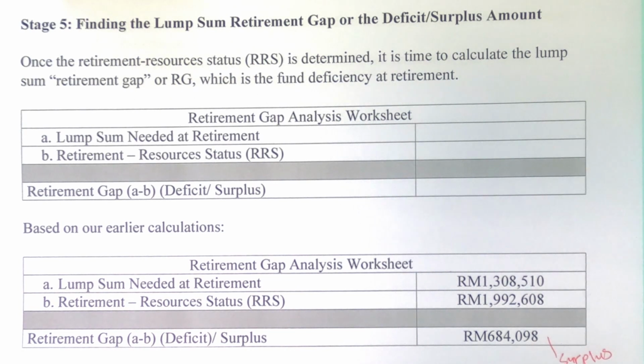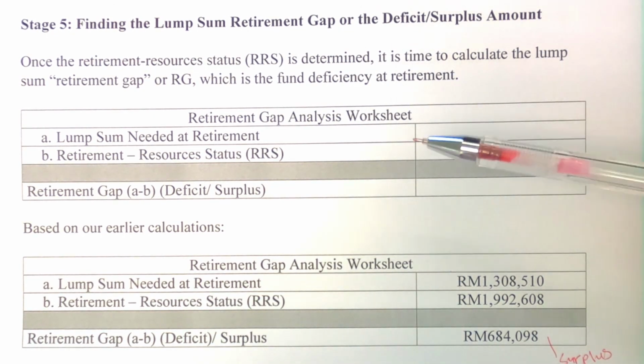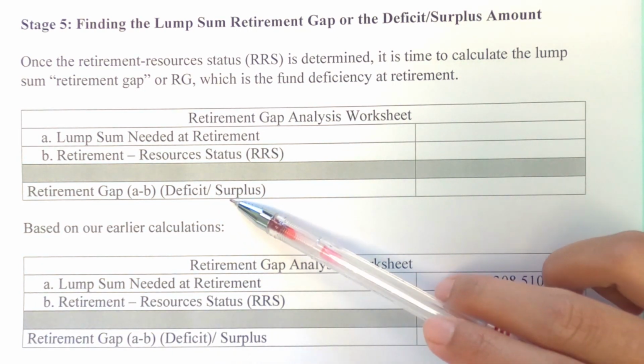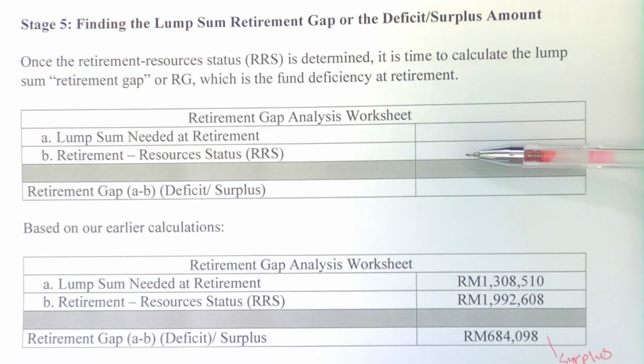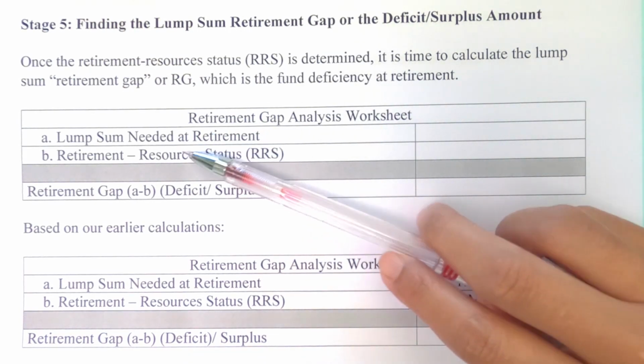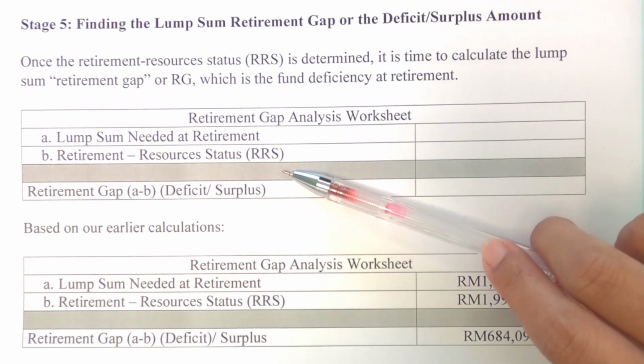We are now in stage 5, where we want to find the lump sum retirement gap, or deficit or surplus amount. In this analysis, we are going to calculate the retirement gap, whether it is a deficit or surplus, by comparing the lump sum needed at retirement with the retirement resource status, RRS, that we have calculated before.